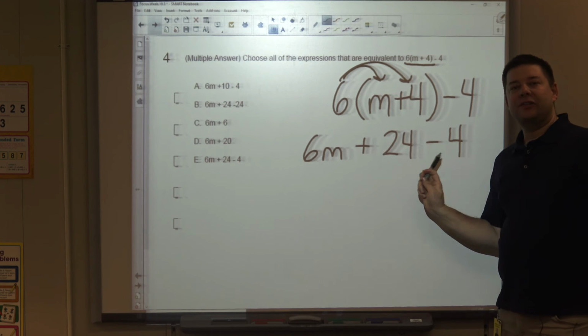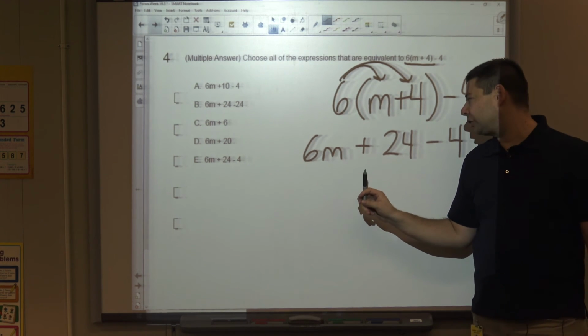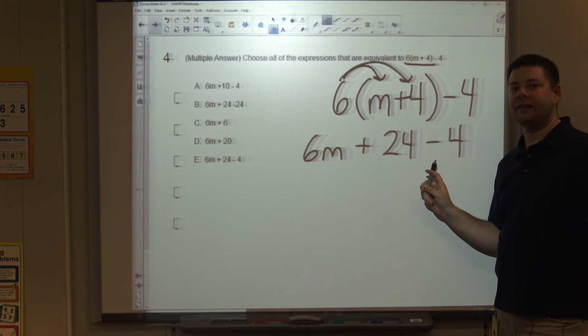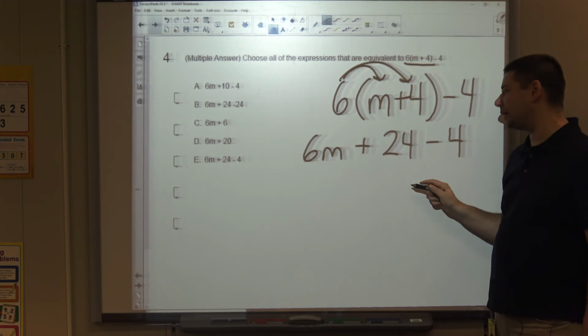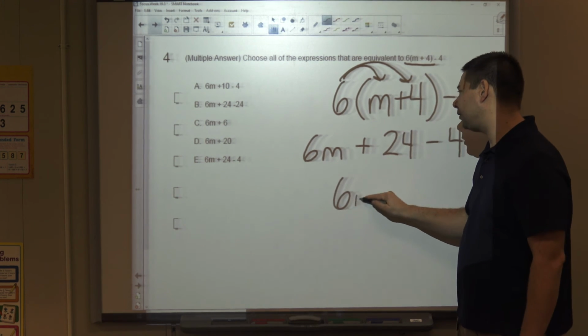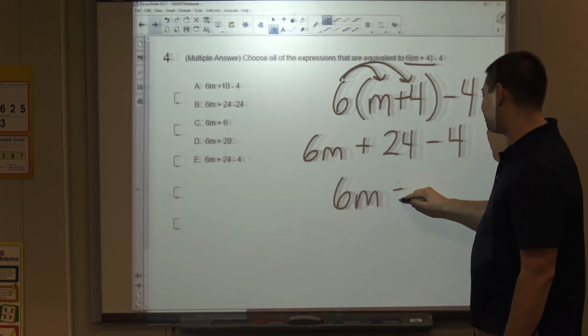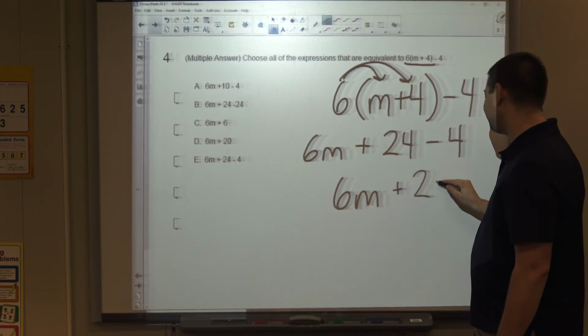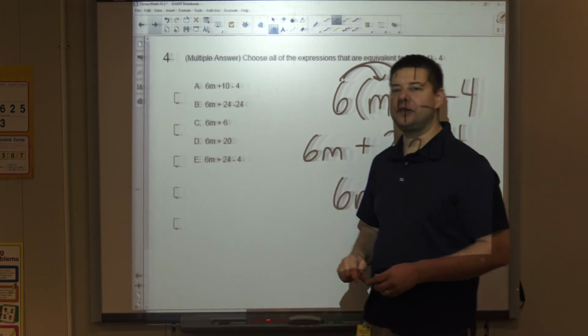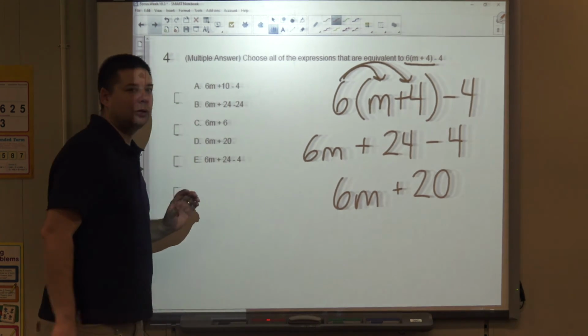Now I want to simplify even more and look at my like terms. I have 24 and 4. Both of them are regular old numbers. There's no letters attached. They're not coefficients, so I know I can combine them. 24 minus 4 is 20. So I have 6m plus 20.